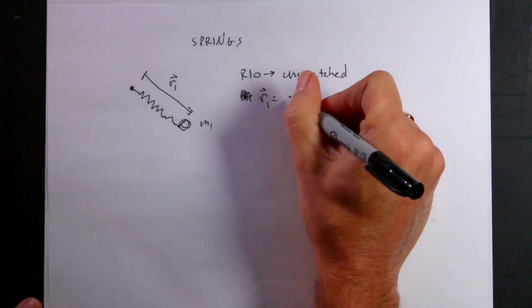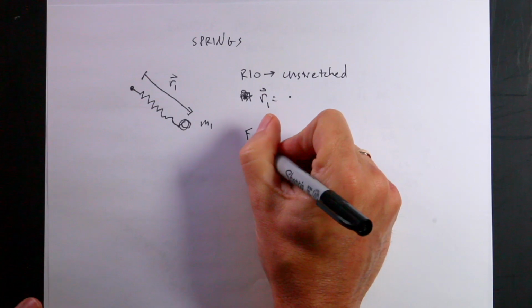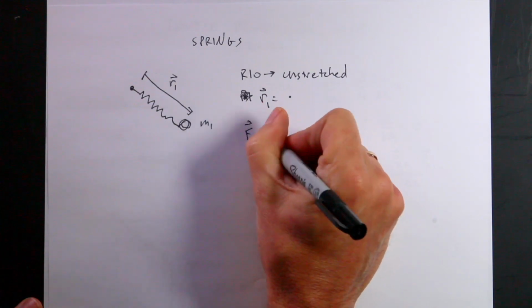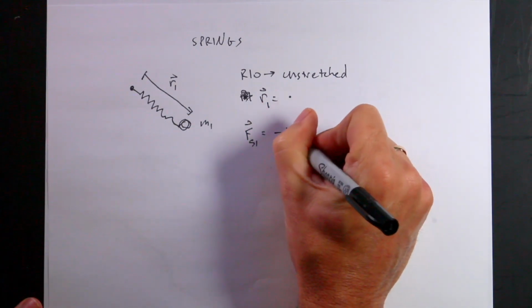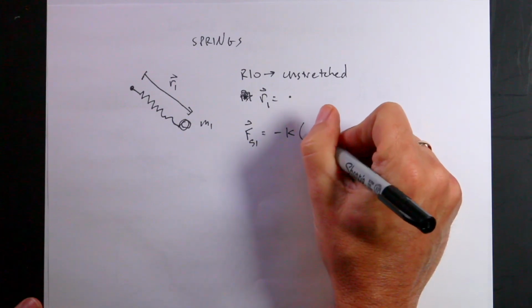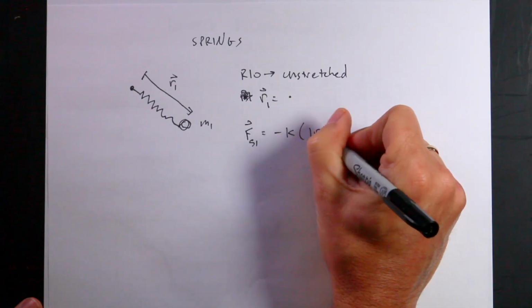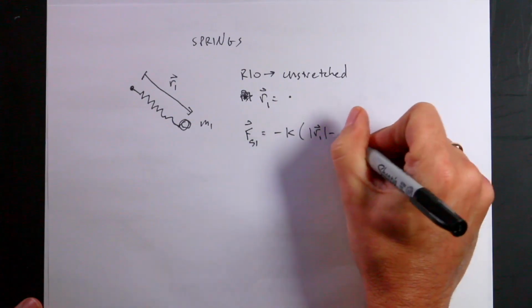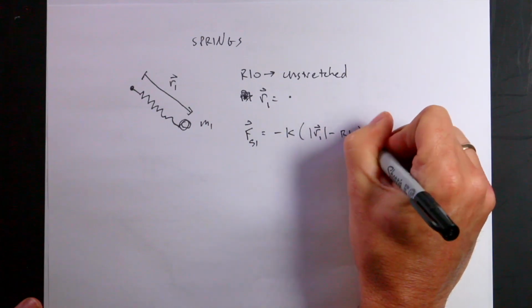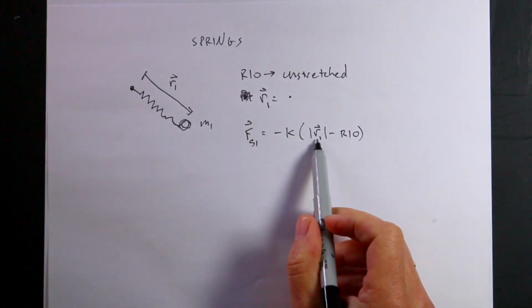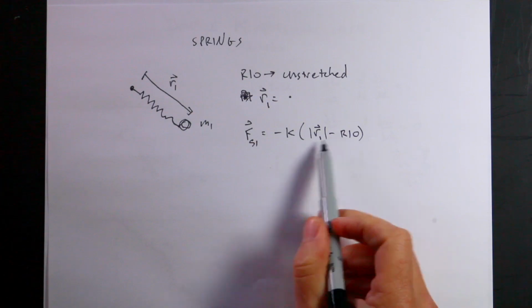And with that, I can write the spring force, which I'll call S1, spring 1, equal to negative K times the magnitude of R1 minus R10. I have to take the magnitude because it's a scalar.